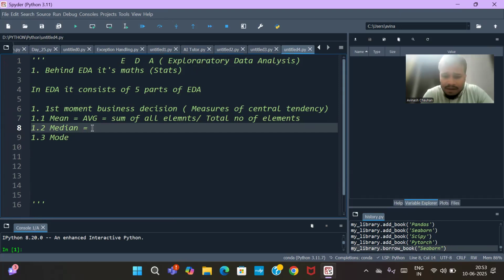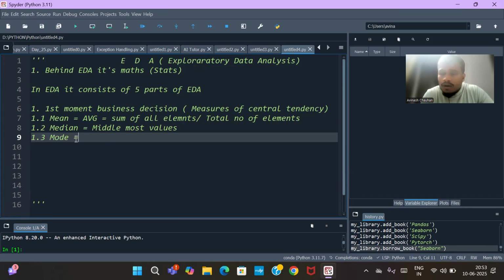Again, what is the median? Median is the middlemost value. And again, what is the mode? Mode is the highest occurrence of the data or data points.